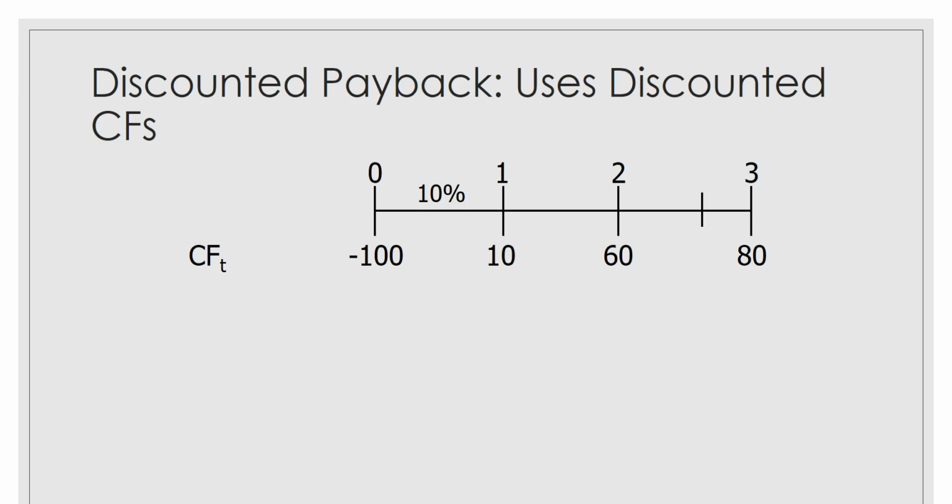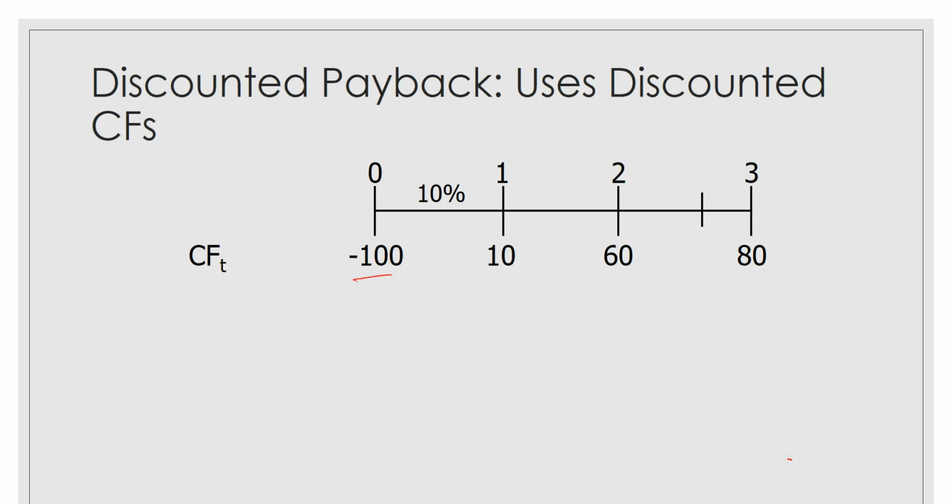And a better approach is to use discounted payback period. It works the same way as payback period, except we're using discounted cash flows. So with this, we're going to have to calculate the present value of each of these cash flows and then use that to calculate our payback period. So what we're going to do is we're going to say, okay, well, this project costs $100 today.